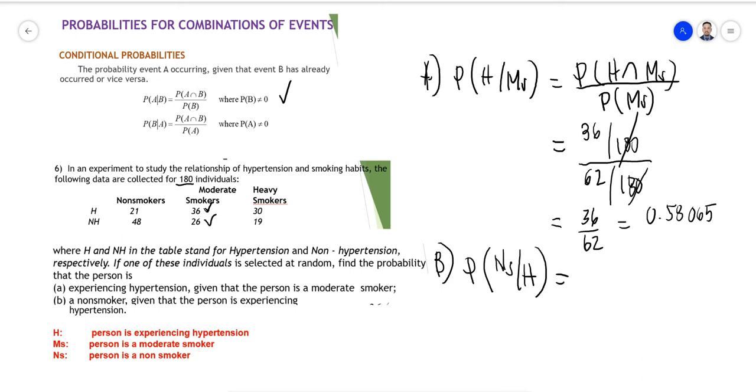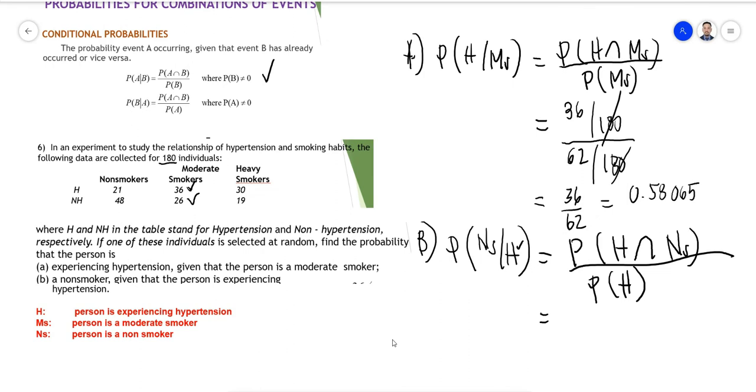It is equal to the probability of hypertensive intersection non-smoker, and our denominator is the probability of hypertensive. The numerator is the intersection between the hypertensive persons and non-smoker. So we refer to our table. The intersection is 21.